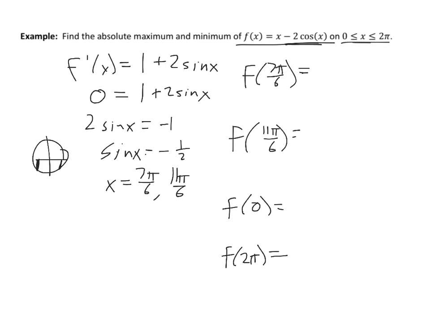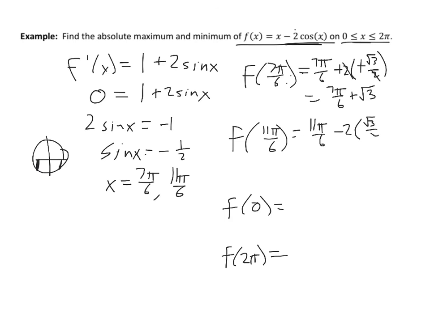So if we take these things and evaluate them in this function up here, this will be 7 pi over 6 minus 2 times the cosine of 7 pi over 6, that's going to be negative root 3 over 2. So the 2's will cancel out. This will become positive. Looks like I've got 7 pi over 6 plus root 3. For the next one, I'll have 11 pi over 6 minus 2 times, and in this case the cosine is the positive square root of 3 over 2.